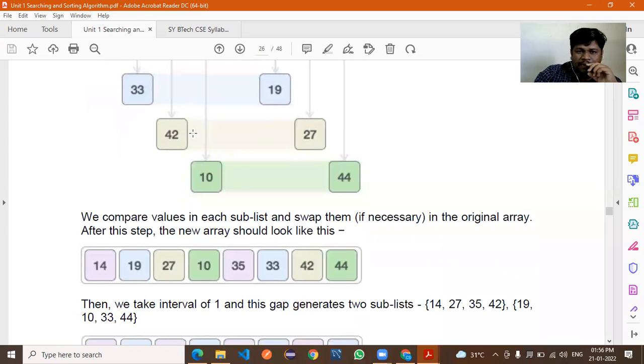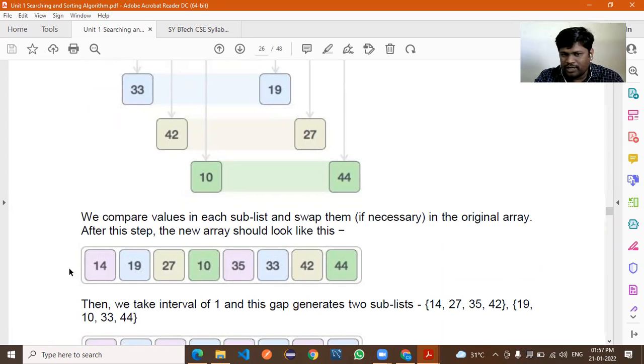After that, compare 42 and 27. Is it required to do the swapping here? Yes, sir, 27 is swapped with 42. After that, next, 10 and 44. Is it required to do the swapping here? No, sir, not required, right? Now, after this step, the new array should look like this.